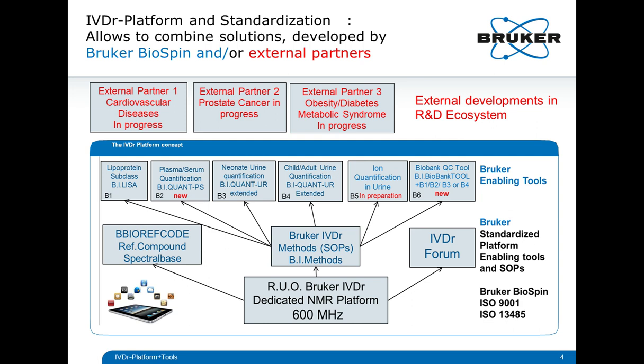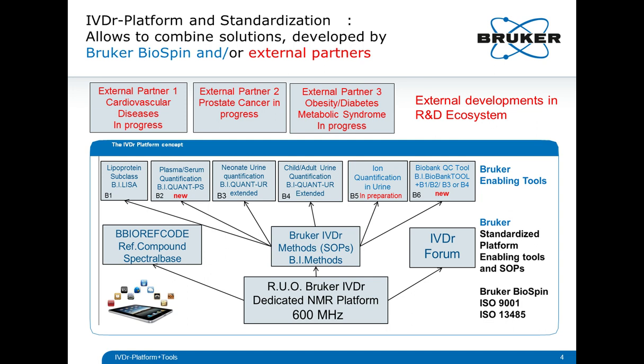Now, the concept is the following. You see here the basis. This is this dedicated platform at 600 megahertz. This is under ISO 9001 and ISO 13485. On top of that, we have what we call our IVDR methods, the SOPs, which describe how to collect samples, how to store samples, how to prepare samples, how to measure samples, and also a standardized analytical procedure to follow.